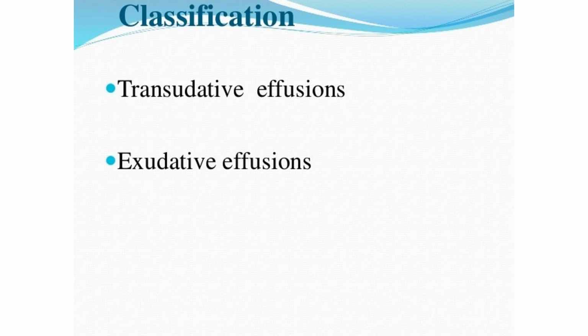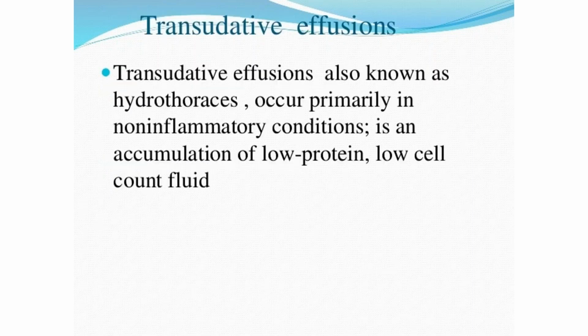There are two types: transudate and exudate. Transudate, also known as hydrothorax, occurs primarily in non-inflammatory conditions like heart failure and nephrotic syndrome.